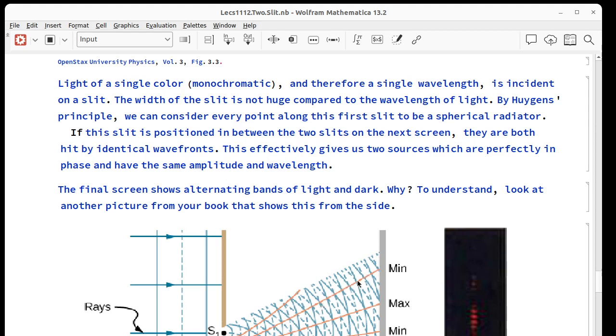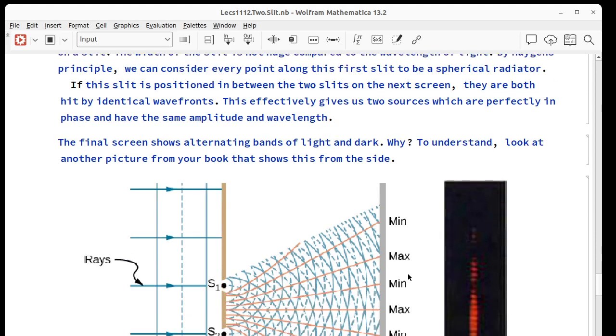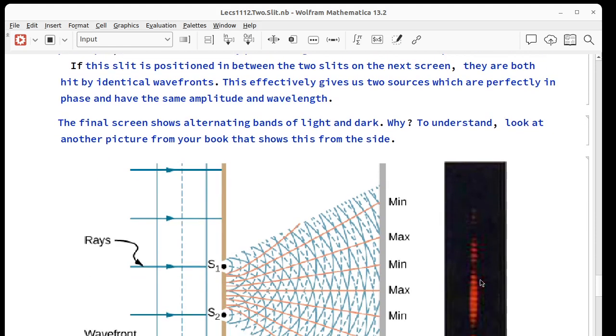One of them is a maximum, the other is a minimum. We get a dark spot there. On the other hand, if we go through this yellow curve, this is where the light waves are in phase when they reach the screen, and we get a bright spot. This is how we get these bright spot, dark spot, over and over patterns.